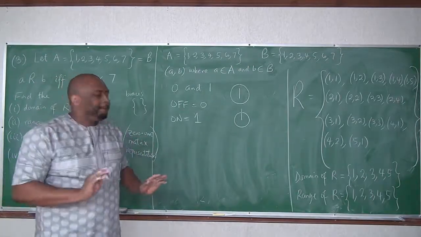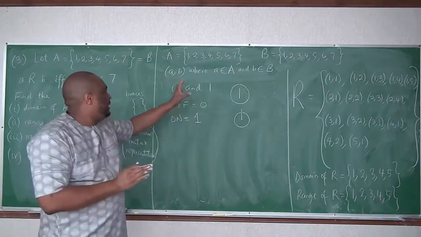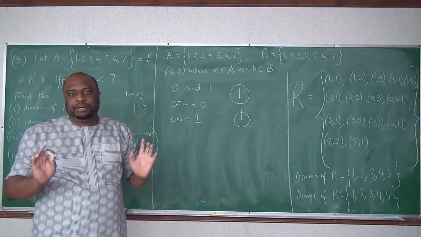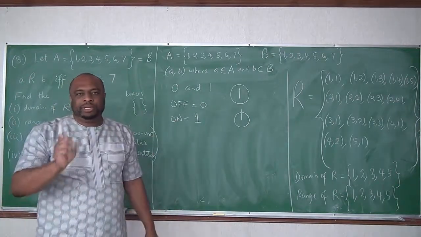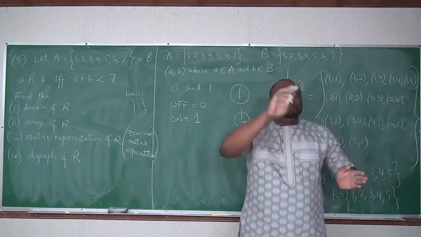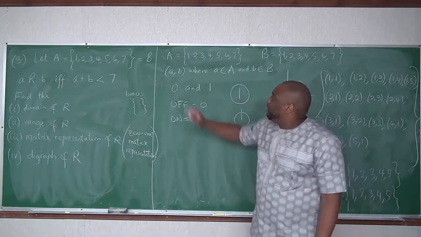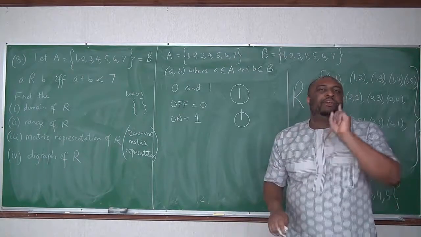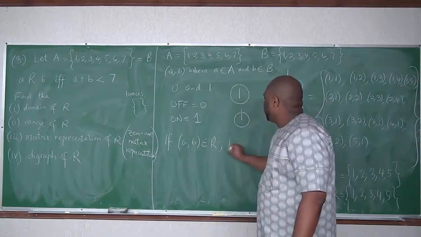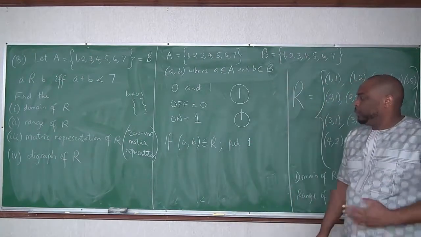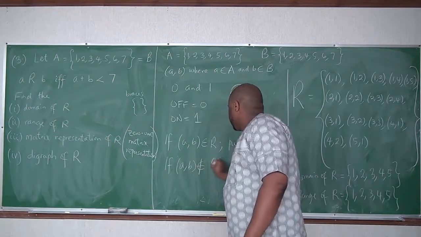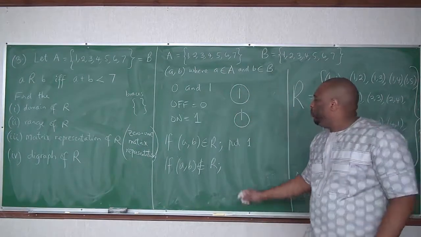When we bring it to matrices, we put matrix A and matrix B. Then we begin to look at the ordered pairs (a, b). If (a, b) is an element of the relation, we assign 1, which means it's on. If (a, b) is not an element of the relation, we put 0.